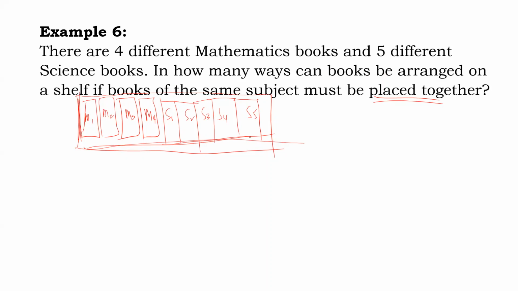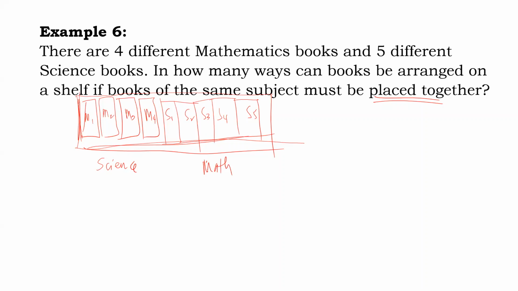So, ang gagawin nyo, paano nyo ba siya i-arrange? Pwedeng nandito si math, pwedeng nandito si science. Pwedeng nandito si science sa left side, pwedeng nandito si math sa right side.